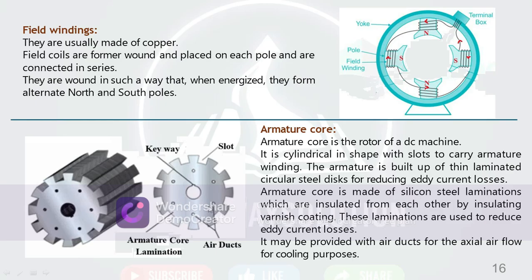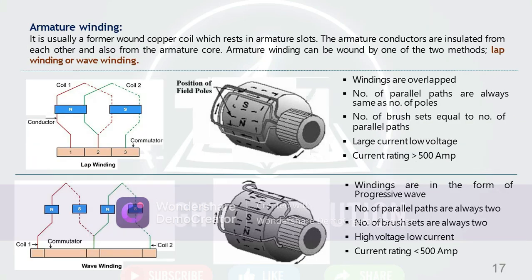The armature core is made of silicon steel laminations insulated from each other by an insulating varnish coating. These laminations reduce eddy current losses. It may be provided with air ducts for axial airflow for cooling purposes.